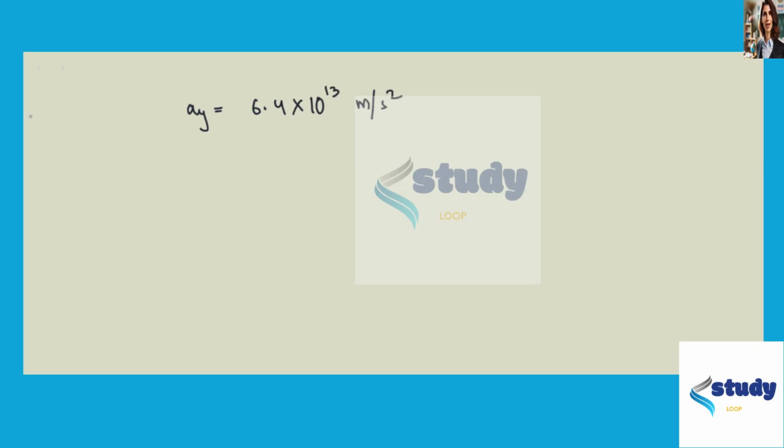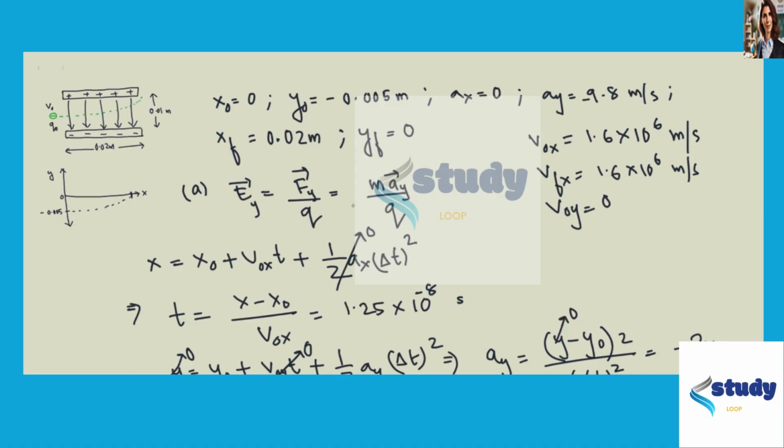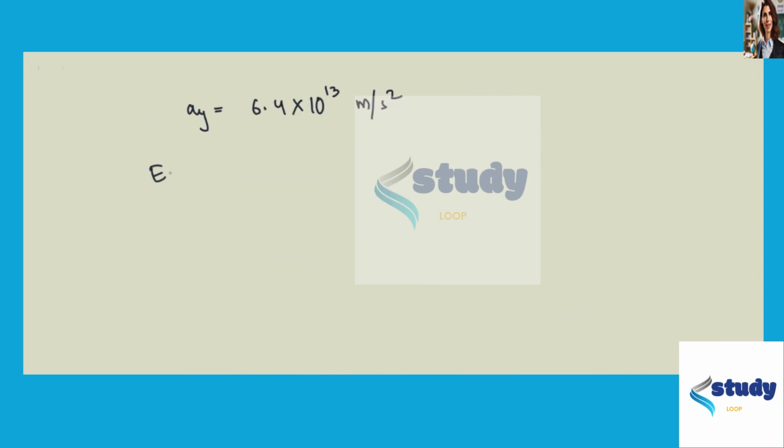Now that we have ay, we can plug this into the equation where we have the electric field in terms of acceleration. So Ey is equal to m ay over the charge.